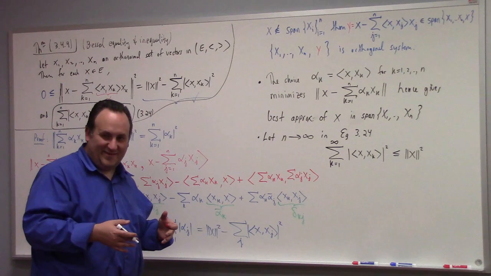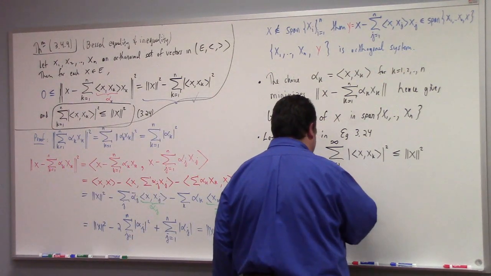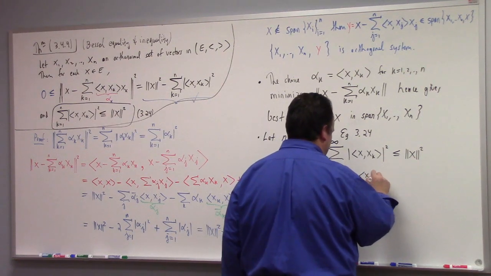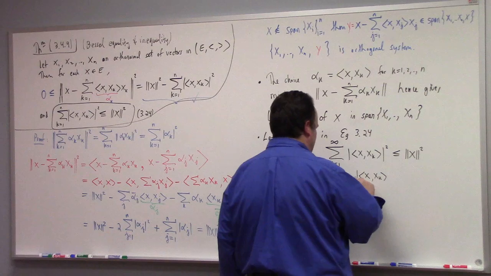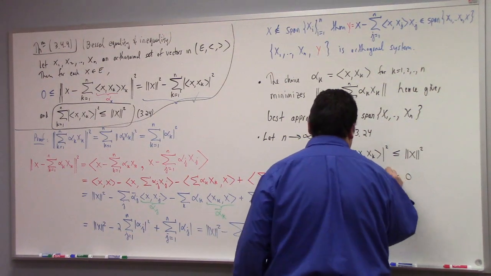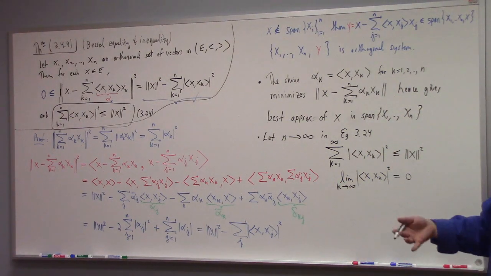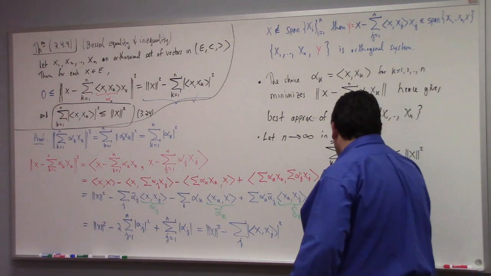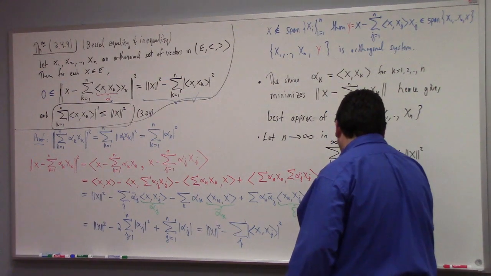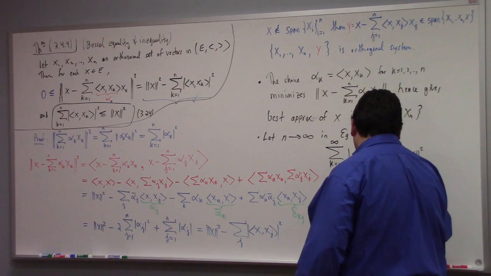Therefore, the nth term test tells us the limit as k goes to infinity of the kth term is equal to 0. So we have the limit of the absolute values of the squares, which implies that the limit as k goes to infinity of the inner product goes to 0.